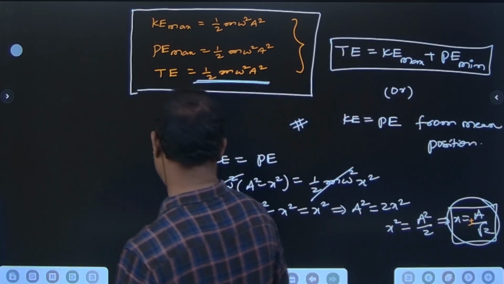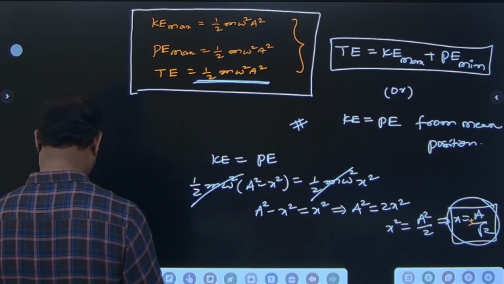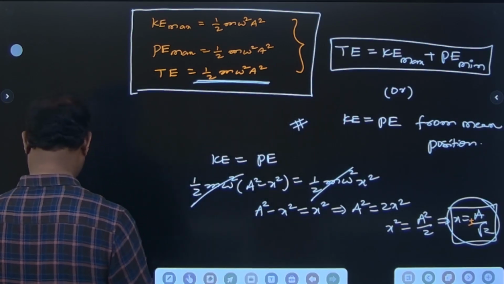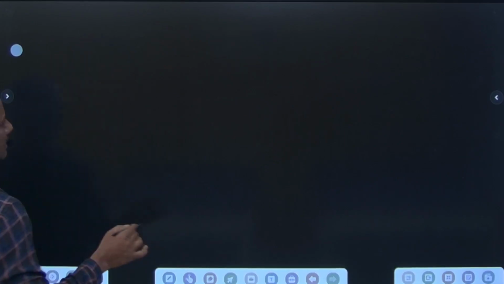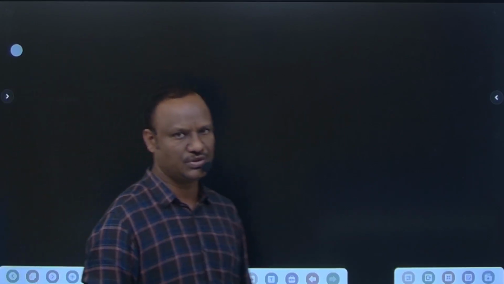Now, for example, I'm taking a situation: kinetic energy and potential energy at every position. Every position means the mean position and the extreme position. From the mean position, kinetic energy is maximum and potential energy is minimum.